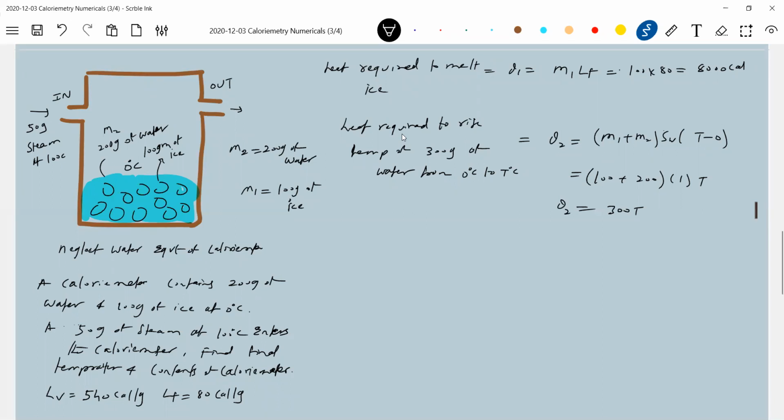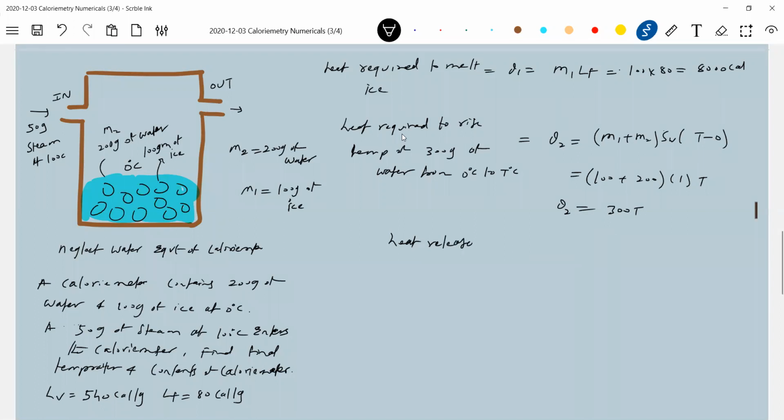So now let the heat available when all steam condenses, and again the heat released when the temperature of the condensed water formed at 100 degrees falls to T. So I have to now get into the other part of the problem. I'll call this M3.